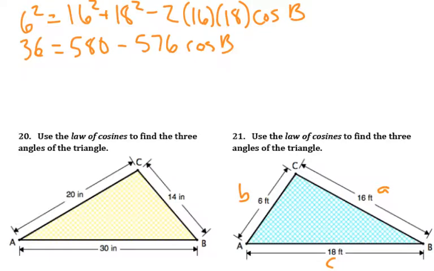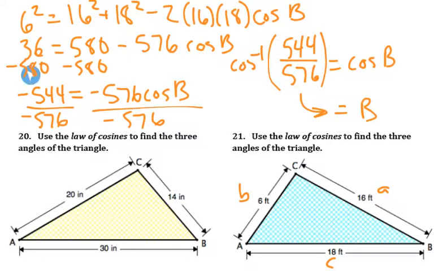Okay. Now, we're running out of time, so I'm going to pause it, do this work, and then kind of talk you through it. So we subtract 580 from both sides right here. That gives us negative 544 divided by negative 576 gives us positive 544 over 576 equals cosine of B. Take the inverse cosine, that tells me the angle, which when we do this in our calculator ends up being 19.19 degrees.